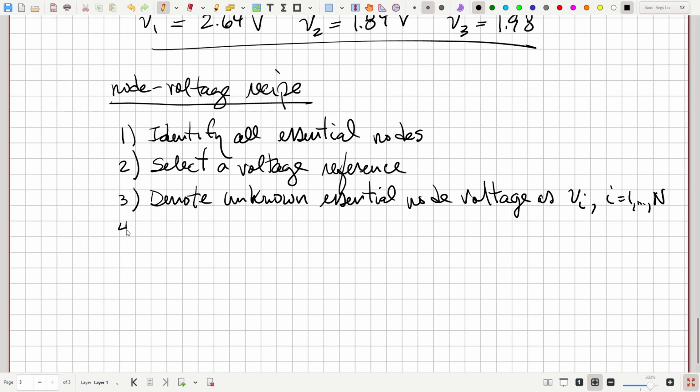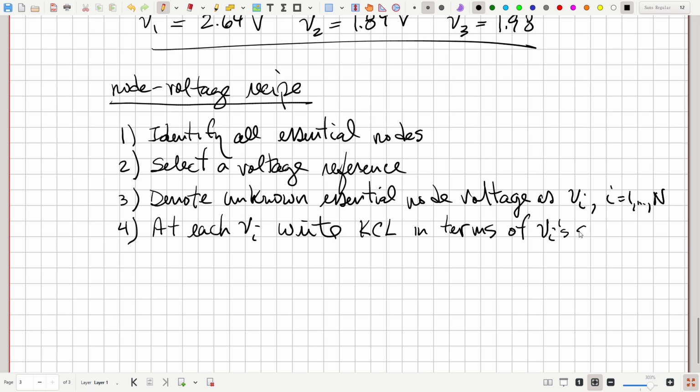That will be the number of unknowns and the number of equations. Step 4. At each Vi, write KCL in terms of Vi's and the sources. Step 5.